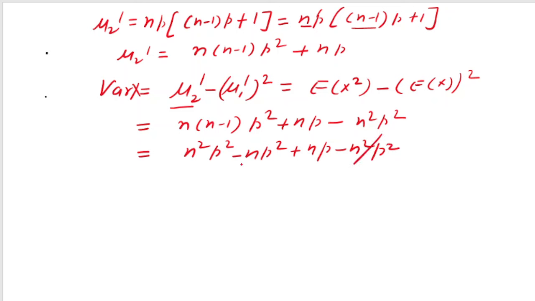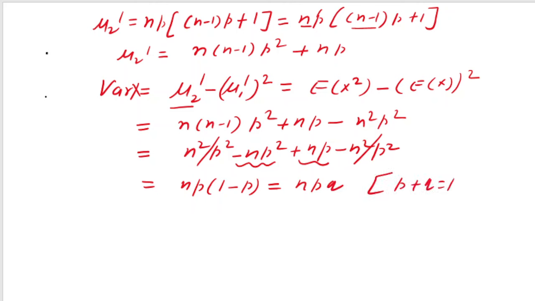So you can see this term and this term is cancelled. So what we are getting? n minus np square plus np. So np can be taken common. I will get 1 minus p, and that is equal to np into q, because we know that p plus q is equal to 1.